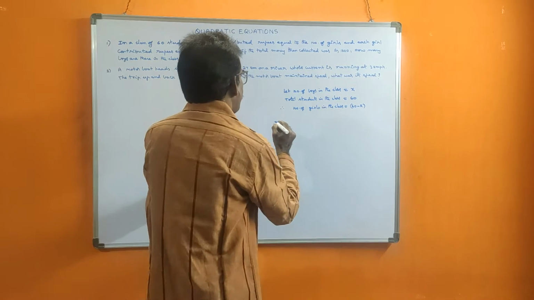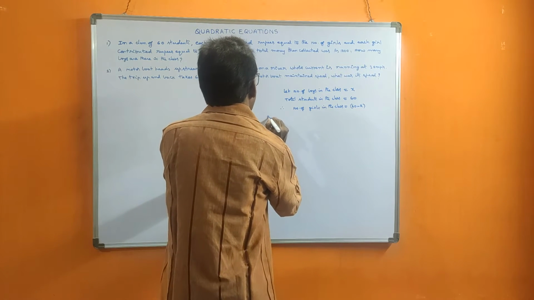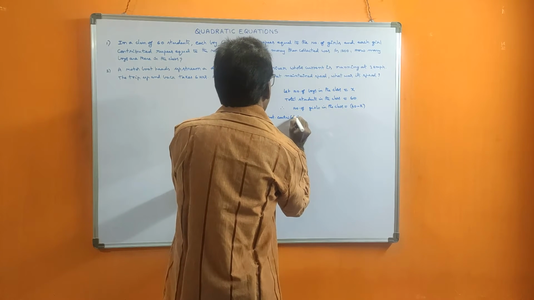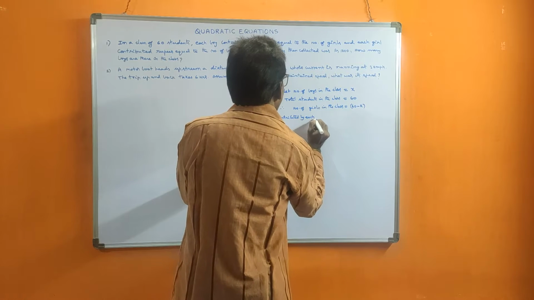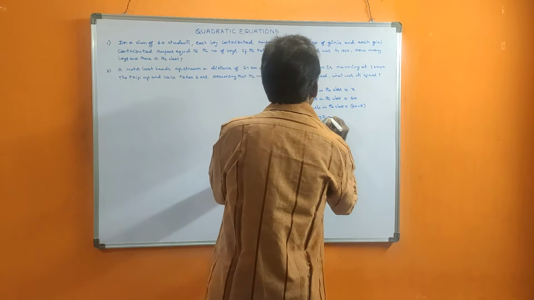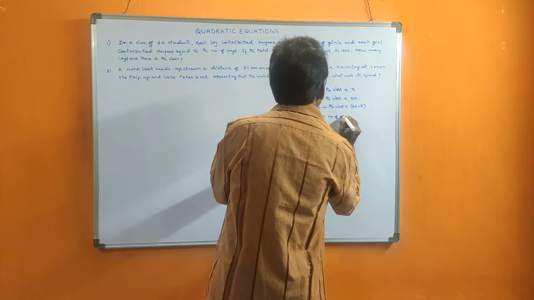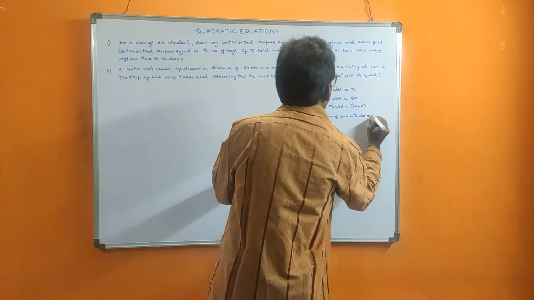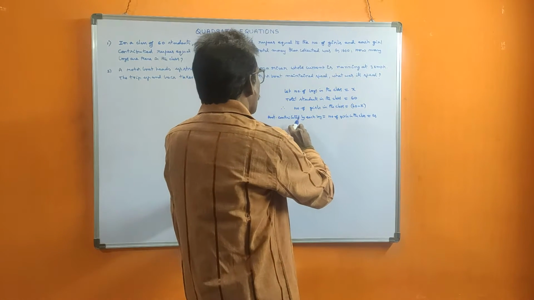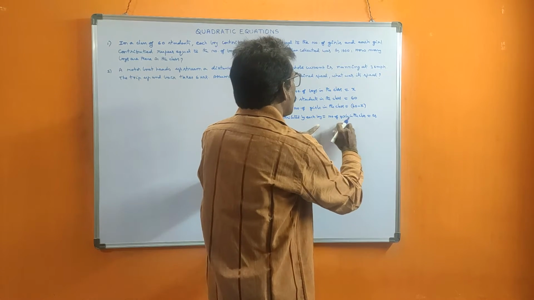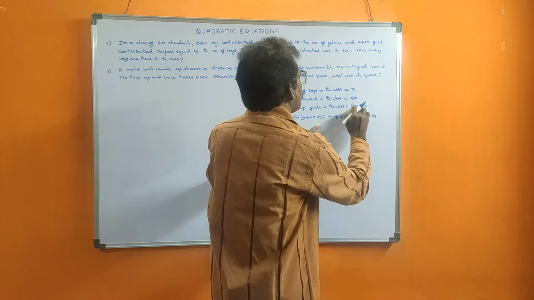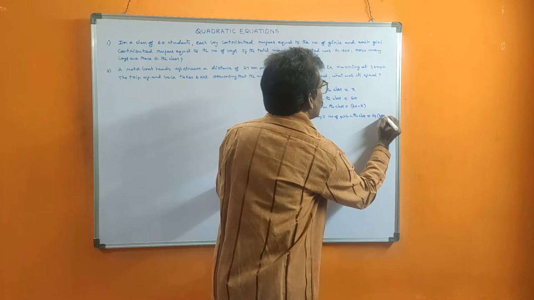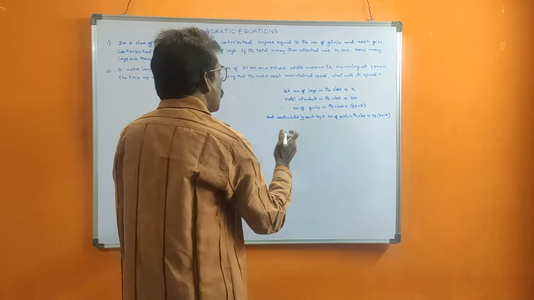Now see, the amount contributed by each boy is equal to the number of girls in the class, which is 60 minus x. So that many rupees, 60 minus x rupees, each boy contributed.